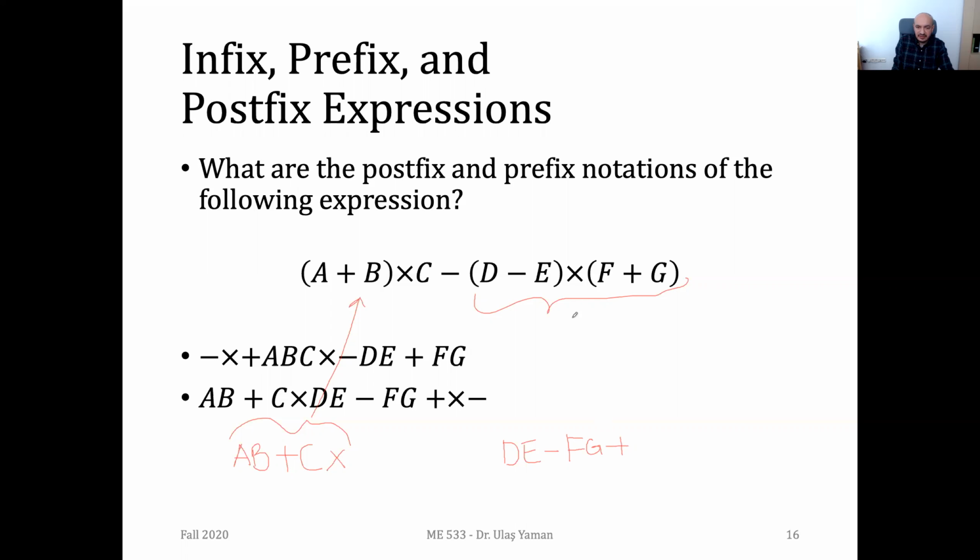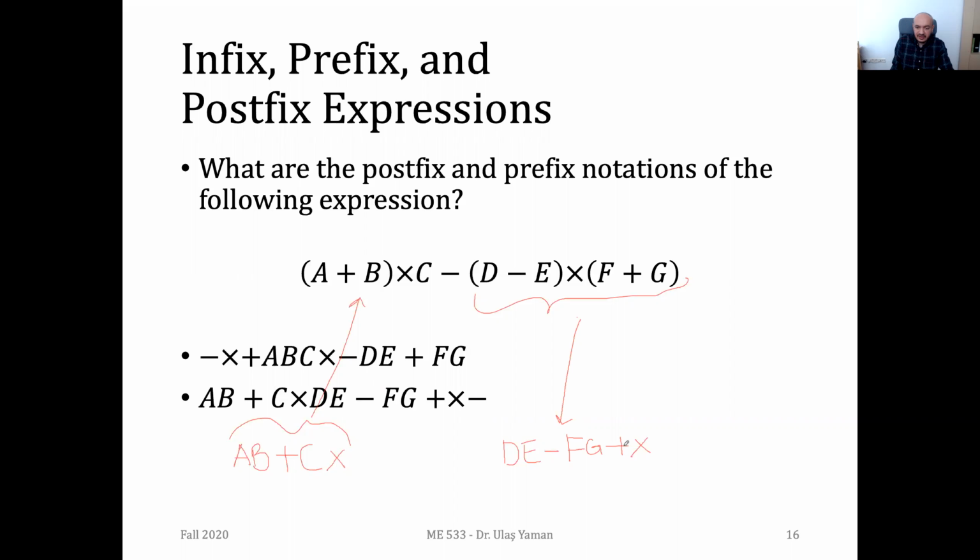So this is the result of, actually we have another one. What is missing here? We have a multiplication of these two expressions. Since it's postfix notation, I need to put that multiplication sign after the summation sign.